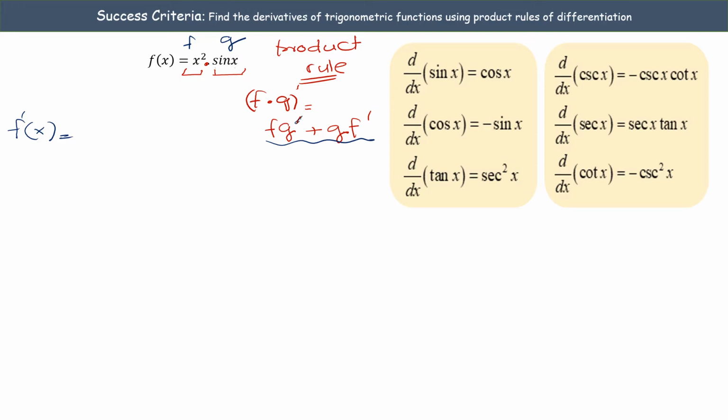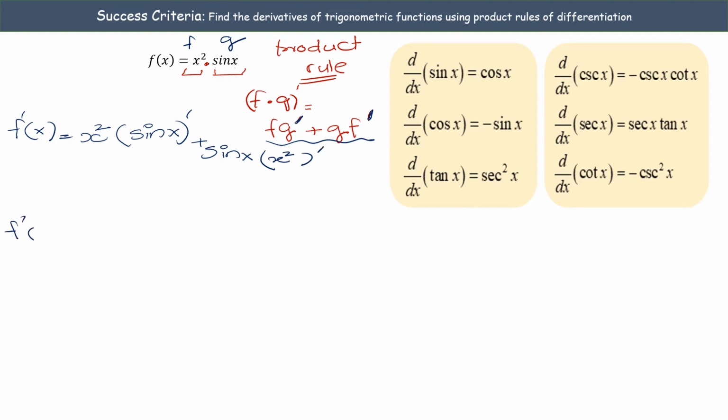Wherever there is a prime, you put the prime, and where there is no prime, don't put the prime. Prime means take the derivative. So the first function f is x square. g prime means you write sin x with the prime. Then put the plus sign. g is sin x, and then f prime means write x square with prime.